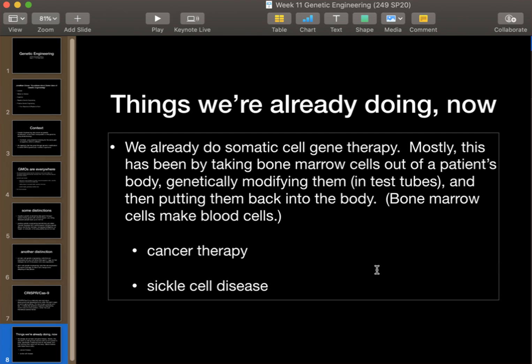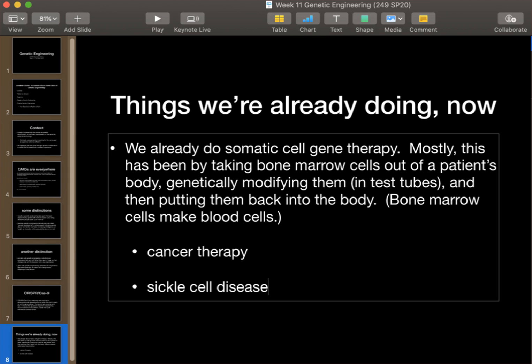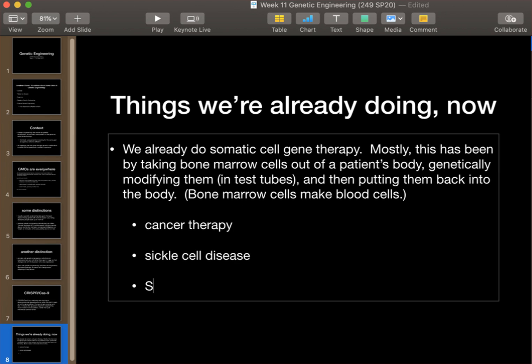Let's see. What else? Other diseases, so severe combined immune deficiency syndrome, or severe combined immune deficiency. I think I have not mentioned this in your class. I think I mentioned it in my other class.